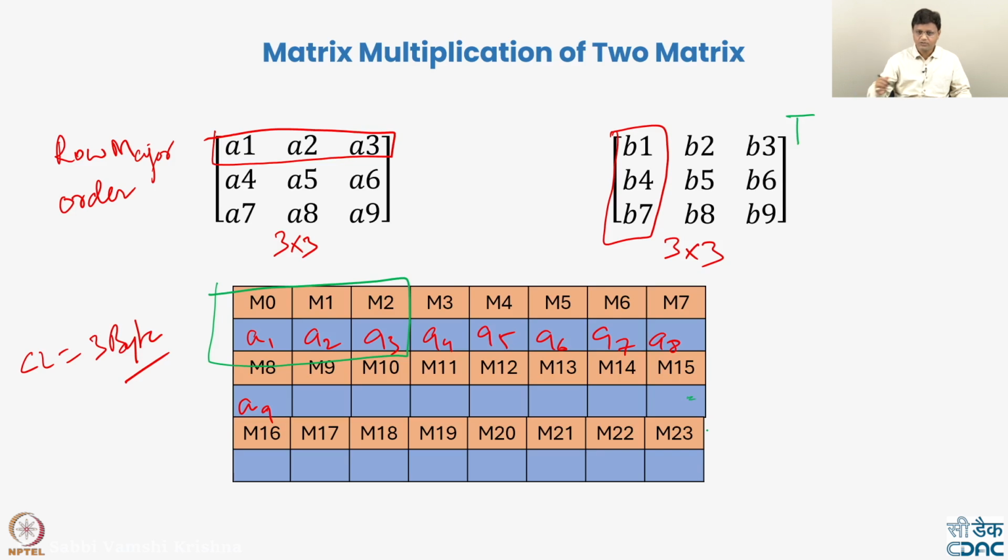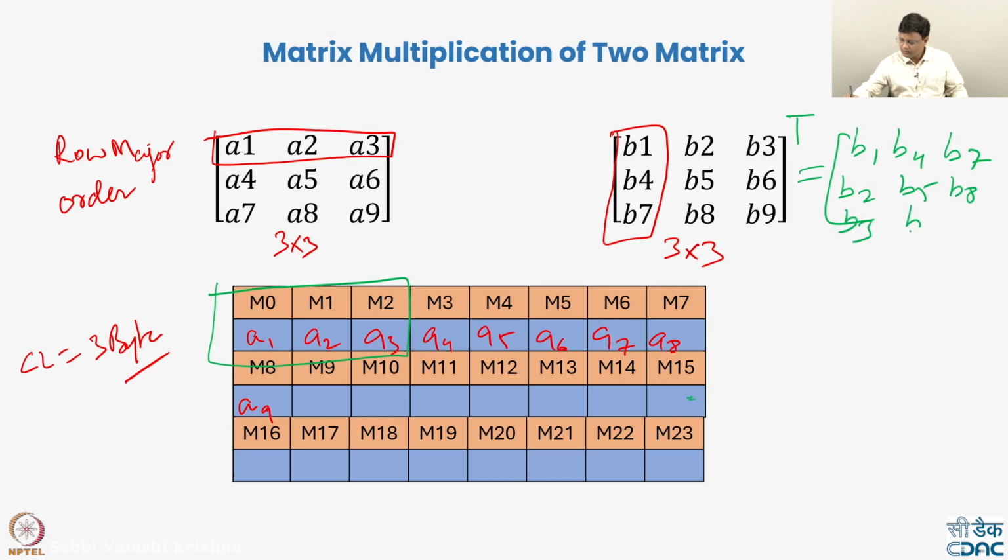But if we transpose that, then what is going to happen? It is going to be B1, B4, B7, B2, B5, B8, B3, B6 and B9.